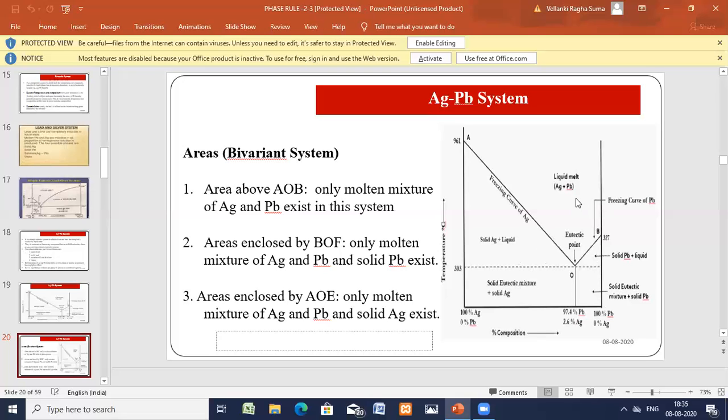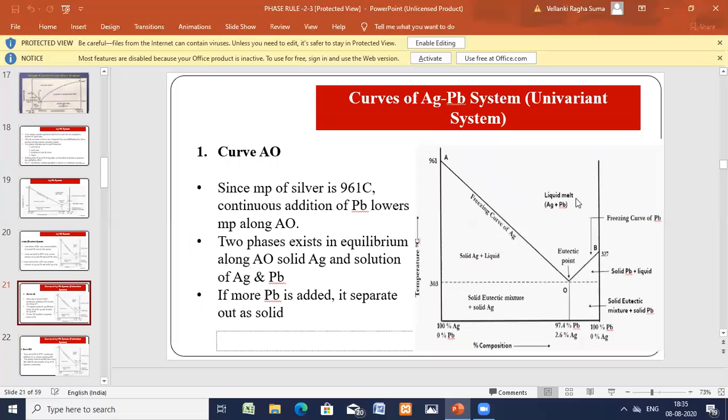So coming to the curves in this one, the curves are AO and OB curves. What is happening in the AO curve? Melting point of silver is 961.